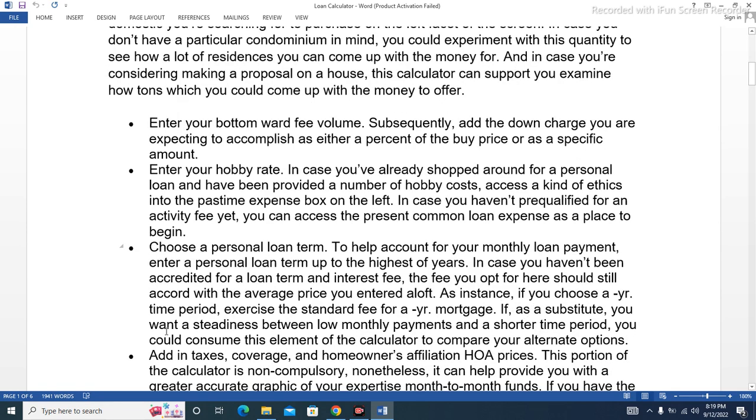If you want a balance between low monthly payments and a shorter term, you could use this element of the calculator to compare your options.